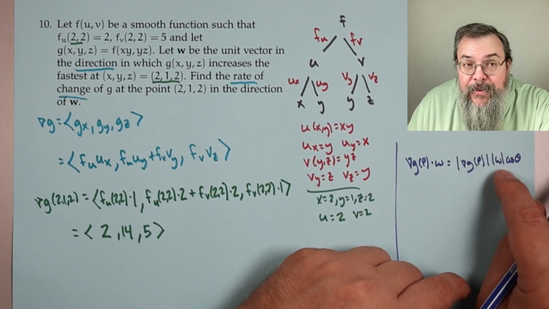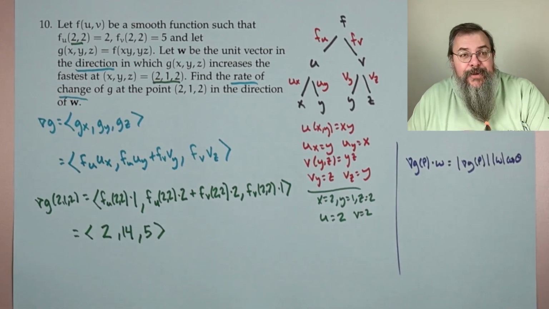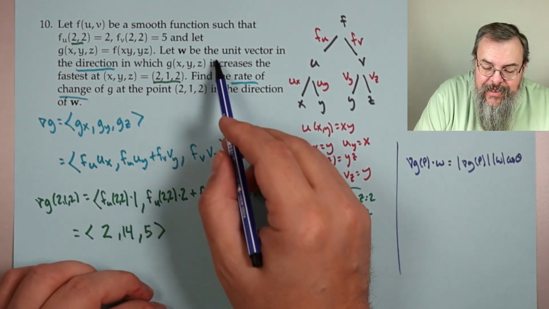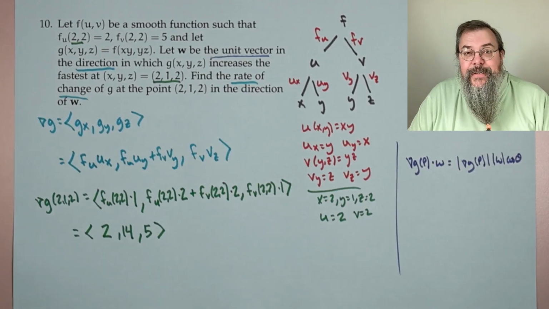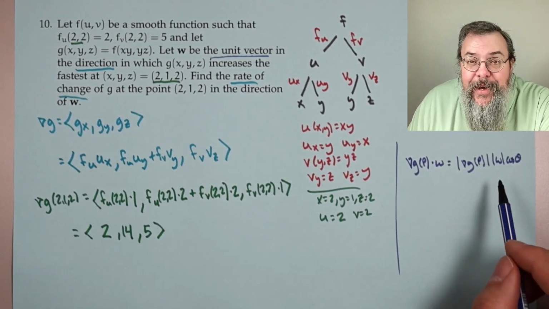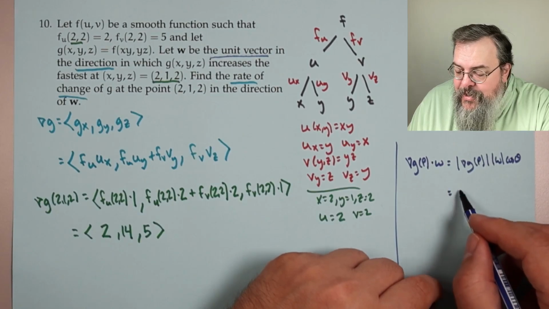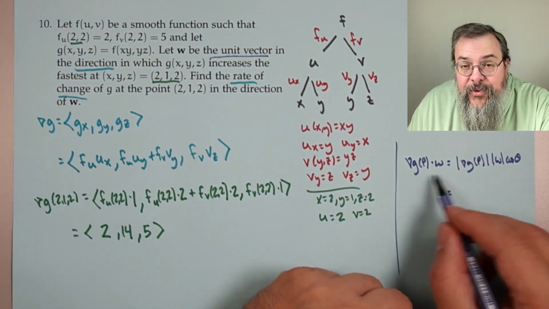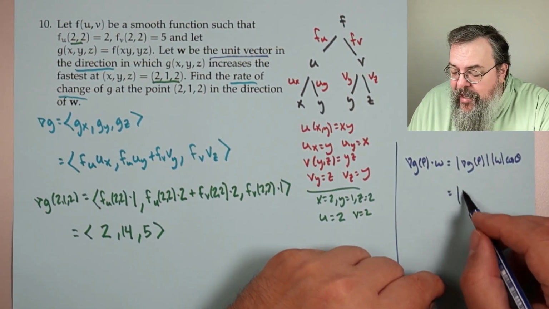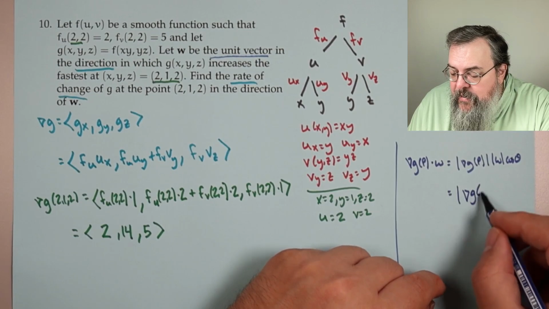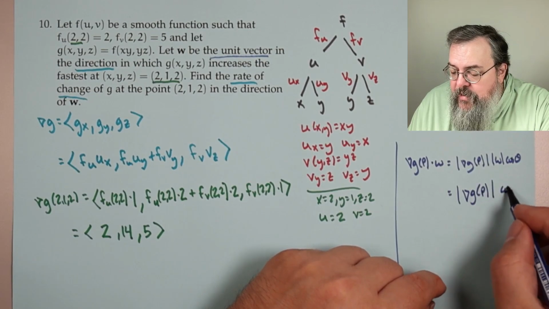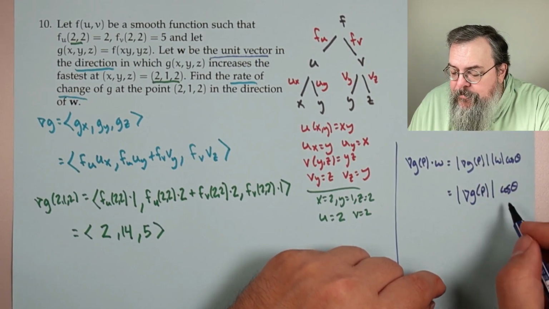But what is w? W is a unit vector. So what's the magnitude of a unit vector? 1. So this directional derivative turns out to be the magnitude of the gradient times this cosine theta.